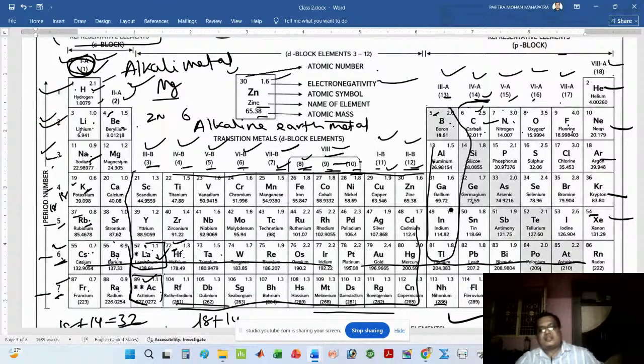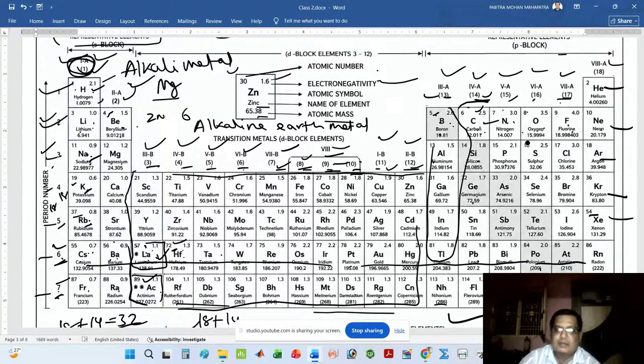Let me give some features regarding the groups. Group 13 is called the boron family, 14 the carbon family, 15 the nitrogen family, 16 the oxygen family, and 17 the halogen family. In the last group, all the elements are highly stable. They fulfill the octet. All the elements in this group have a stable electron configuration, so they are said to be noble elements.